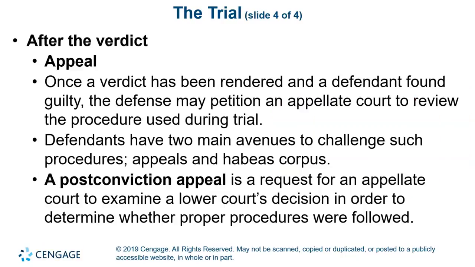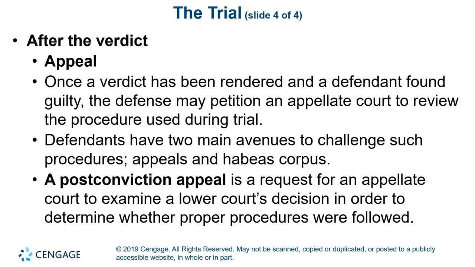And then, of course, after the verdict, if you don't like the verdict, once a verdict has been rendered and a defendant found guilty, the defense may petition a higher court or an appellate court to review the procedure used during the trial. Defendants have two main avenues to challenge such procedures. They call it an appeal, which I just mentioned, or what they call habeas corpus.